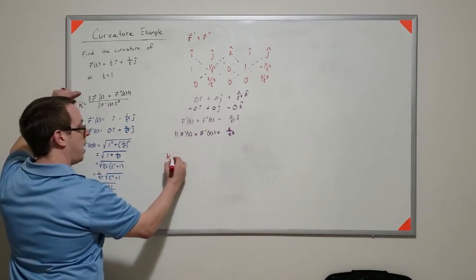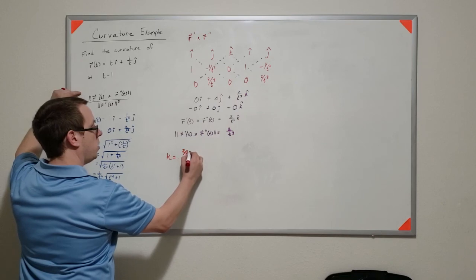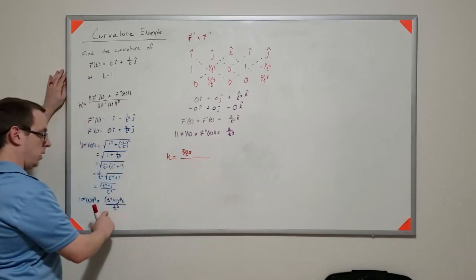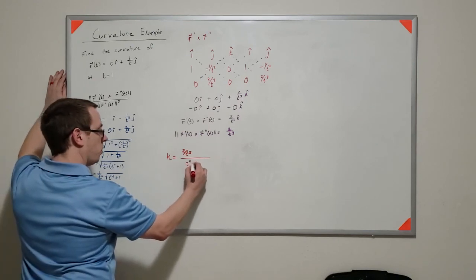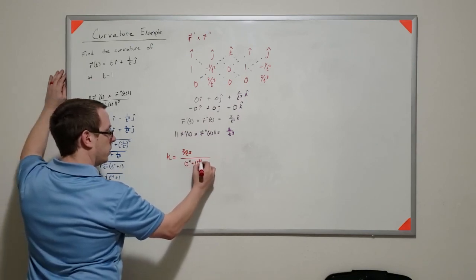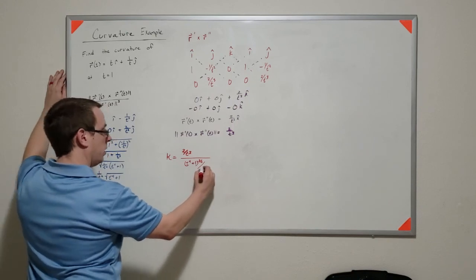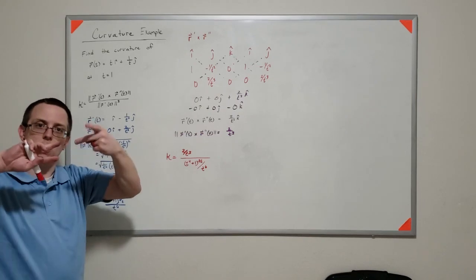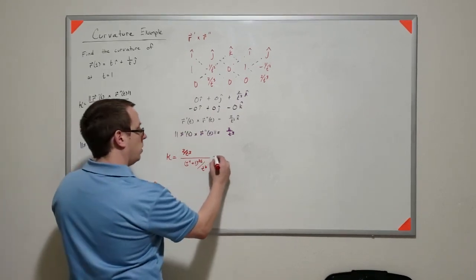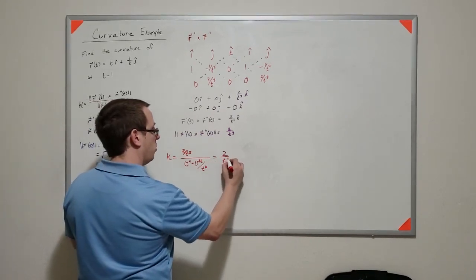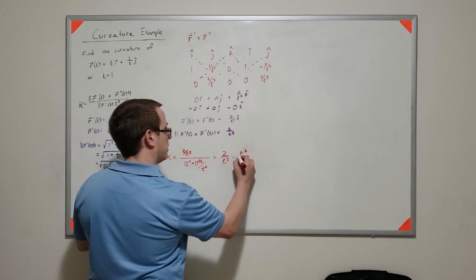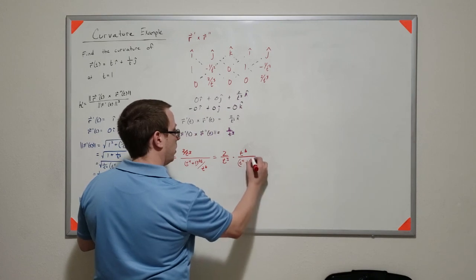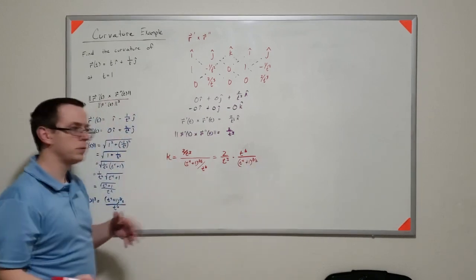So that tells me that kappa is 2 over t cubed divided by t to the 4th plus 1 to the 3 halves, all divided by t to the 6th. So I've got a fraction over a fraction, so let's multiply by the reciprocal. So that's 2 over t cubed times t to the 6th over t to the 4th plus 1 to the 3 halves.